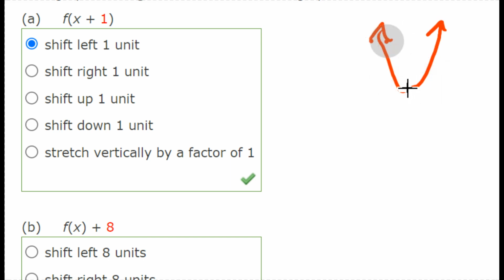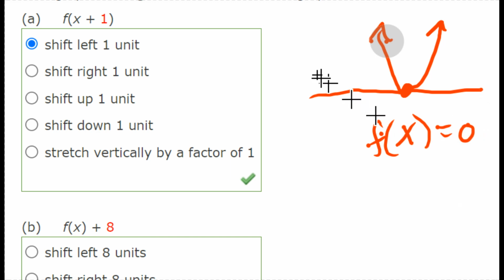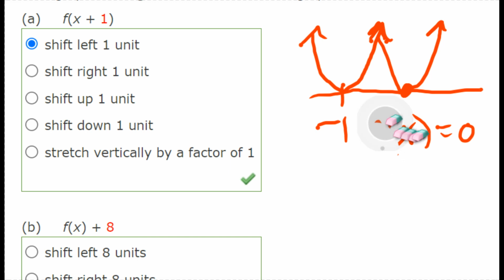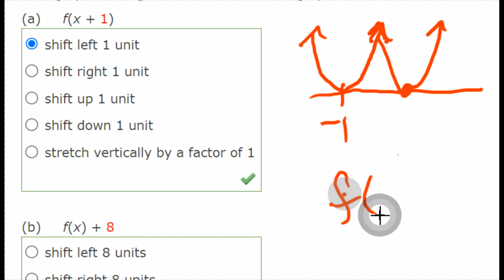If this is f, and that right there is the value of x, and it's coming out that f of x is 0, then it must be the case that if I move the curve over to -1, in order for me to produce an f of 0, which is a y value, I have to have f of x plus 1.